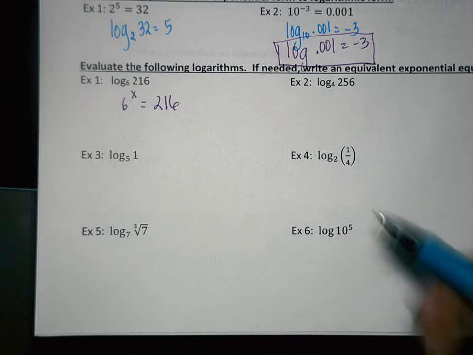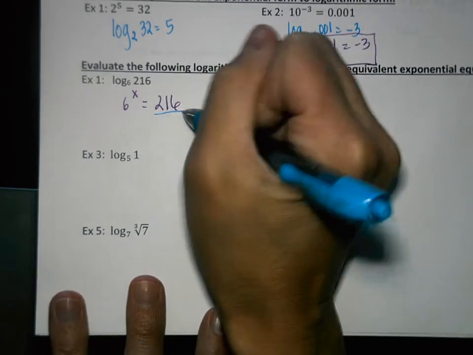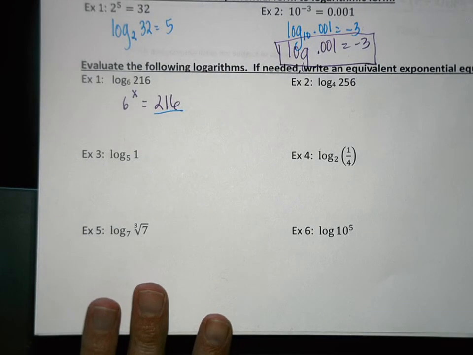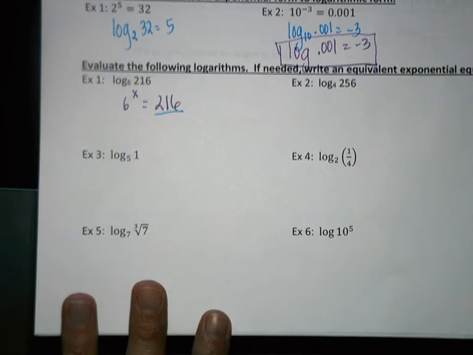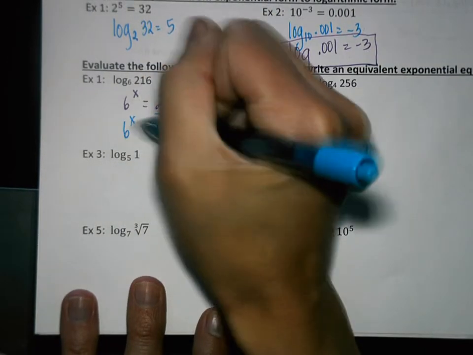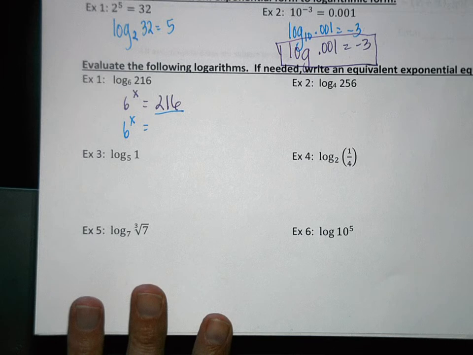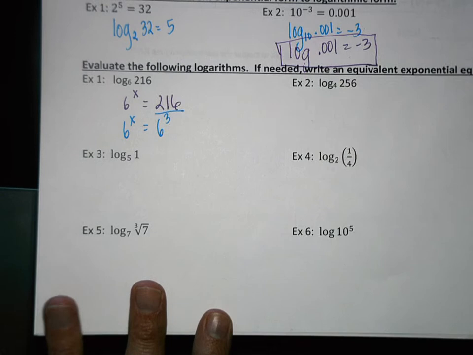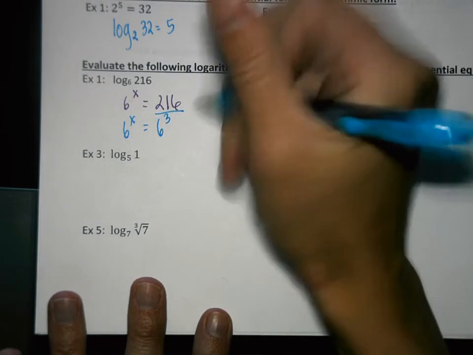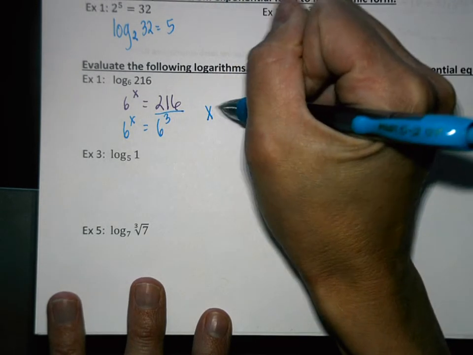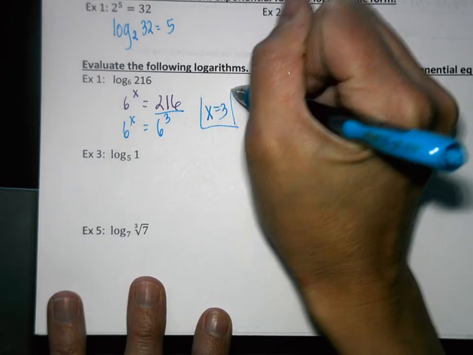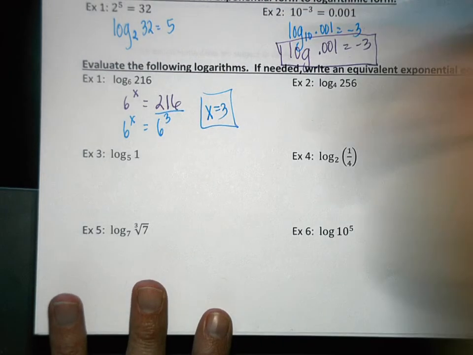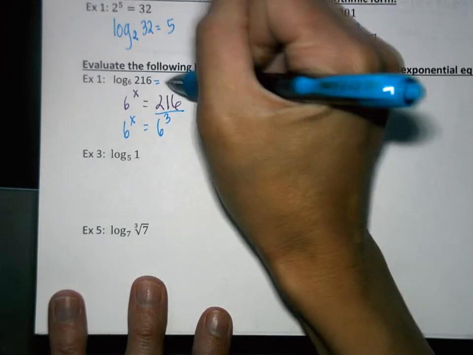If you don't, you basically just need to figure out what power of 6 makes 216. You could play around with it in your calculator. You know that 6 to the second power is 36, so I would try 6 to the third, and if you try 6 to the third, you will find out that it does equal 216. So my answer here, I'm putting x equals 3, but really it's not x equals 3. My answer is just 3. The answer to this log equation is 3.